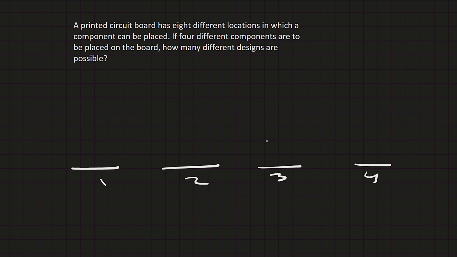For the first component, we're going to have 8 different locations. For the second component, since we already chose 1 from those 8 in the first step, we're going to have 7 locations left. For the third component, we're only going to have 6 locations, because we already chose 1 for the first component, we chose another one for the second component, and for the third one, we're choosing another one.